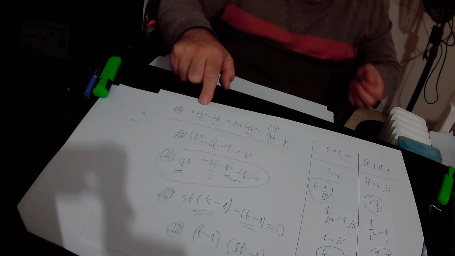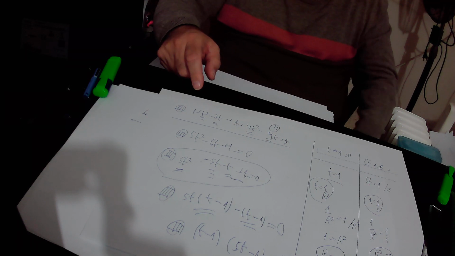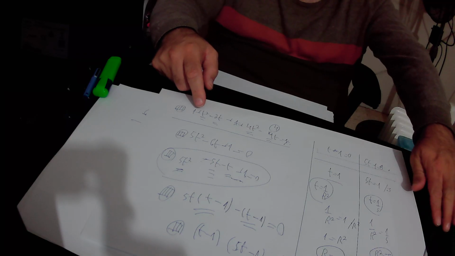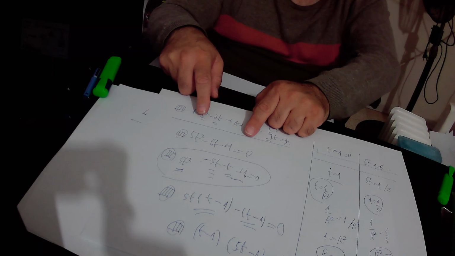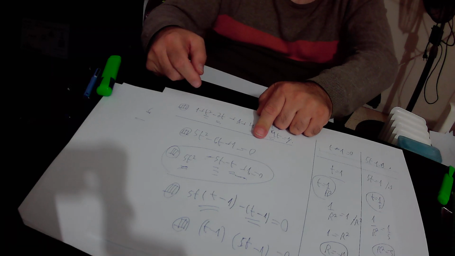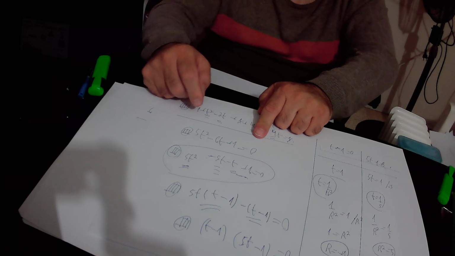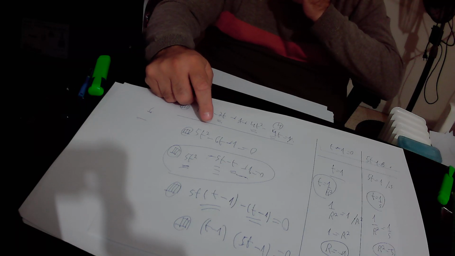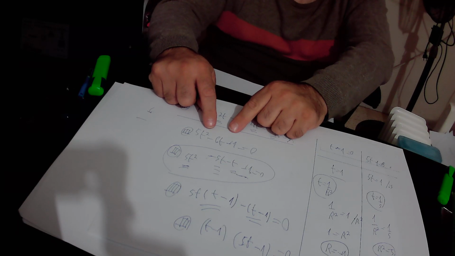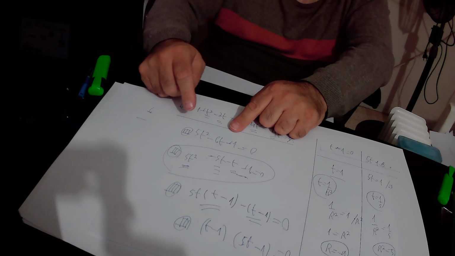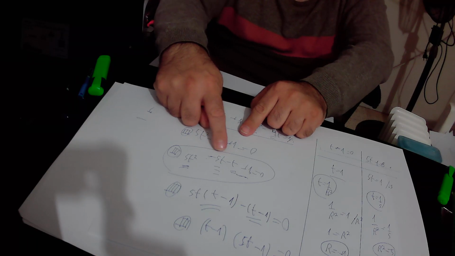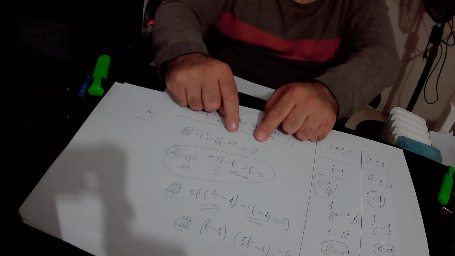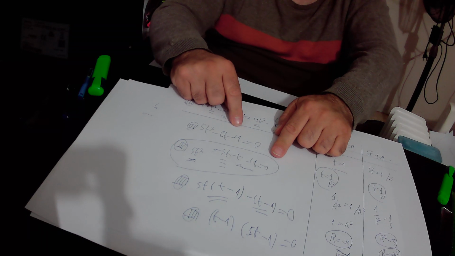So in conclusion, according to equation number 3, we found out that 5t squared minus 6t plus 1 equals 0. Then we substituted minus 6t by minus 5t minus t, and found out that 5t squared minus 5t minus t plus 1 equals 0.